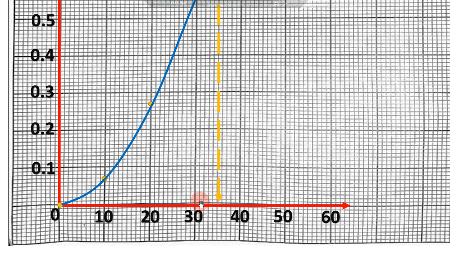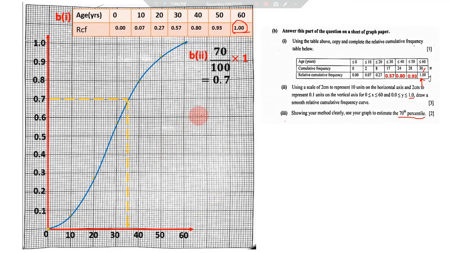So let us count this number here, where this line is coming to, is what number? So this is 31, 32, 33, 34, 35. So it means there, you even indicate here nicely to say this is the 70th percentile. Okay, what is the answer we found? Good. So 70th percentile equal to 35. All these answers I'm writing where? On the graph paper.